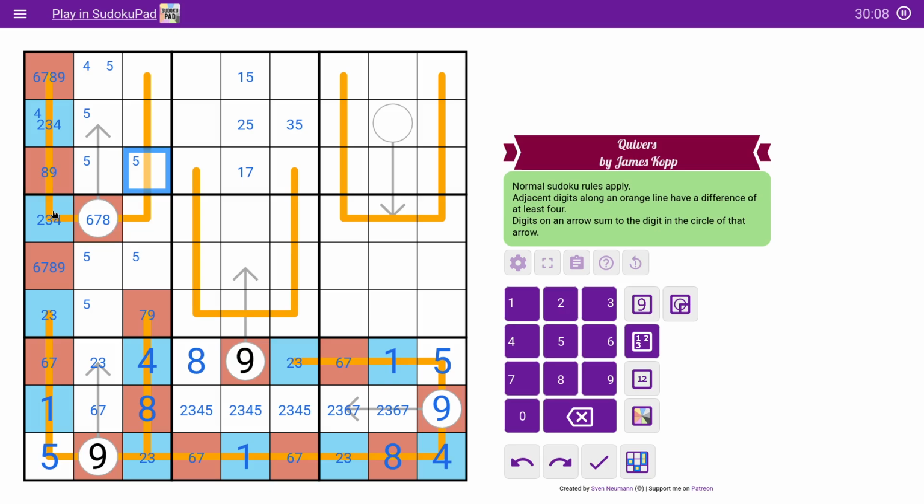If this is a 5, 1, 9, 2 or 3, 1, 7, 8, 6, 9, 7, 3, 6, 2.